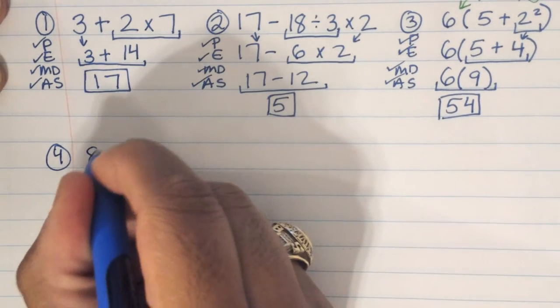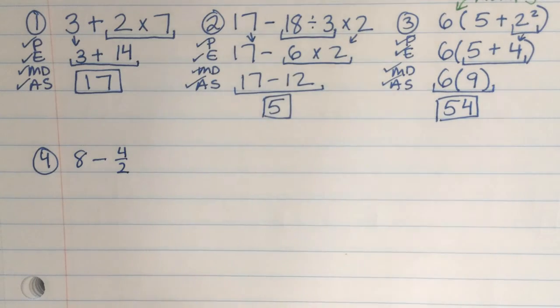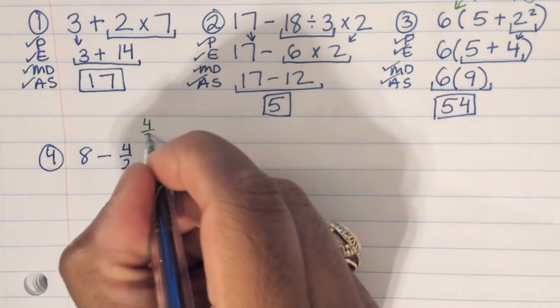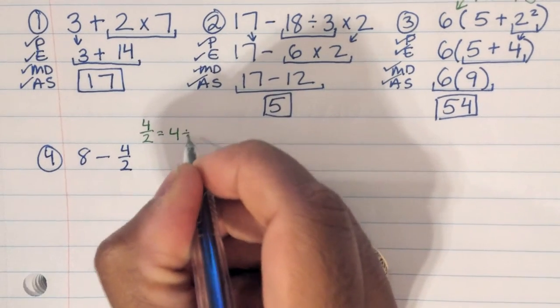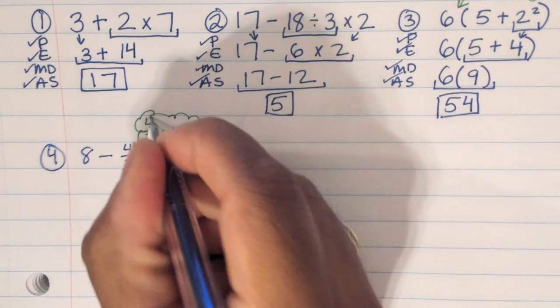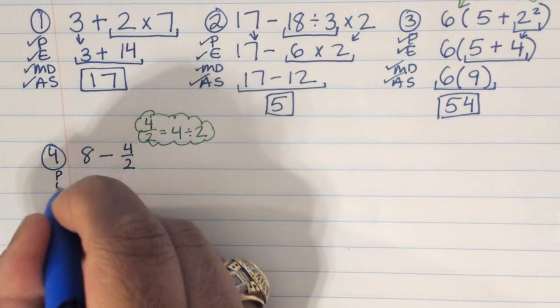All right. So number 4. I have 8 minus 4 over 2. Now, 4 over 2 just means division, right? So 4 over 2 means the same thing as 4 divided by 2. So just in case you're wondering, it's another way to write division. Fractions kind of represent division, and we'll talk about that in a minute. Okay, so we want to do PEMDAS.